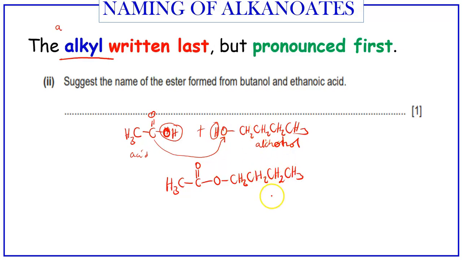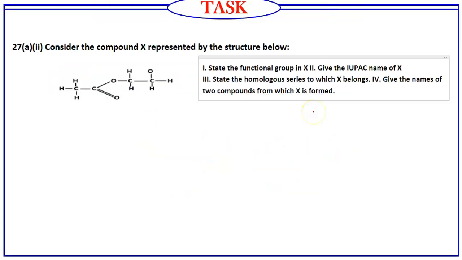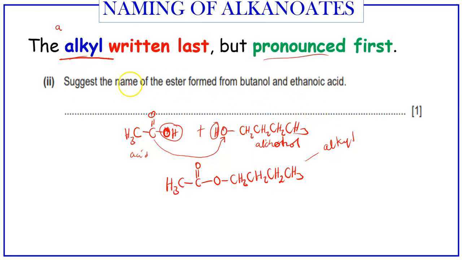Good. Now, this alcohol part written last is pronounced as if it is an alkyl, okay? And it's pronounced first. Then the carboxylic part is pronounced last, but ends with OATE. I thought I wrote this down somewhere. Okay.